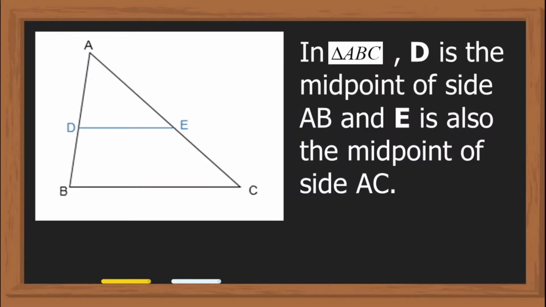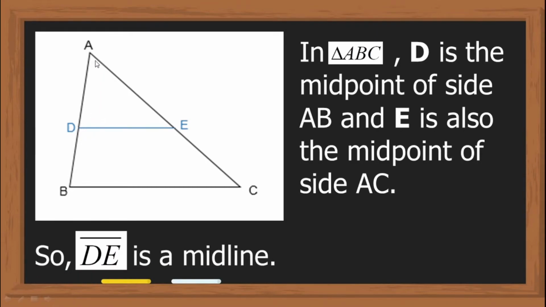In triangle ABC, D is the midpoint of side AB, while E is the midpoint of side AC. Therefore, the segment DE is the midline of triangle ABC.